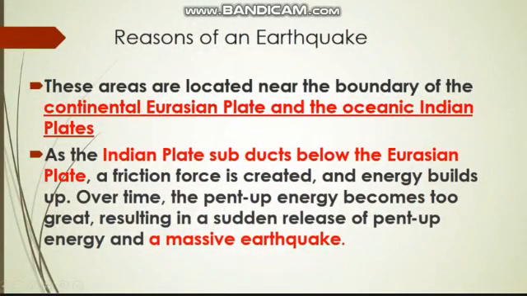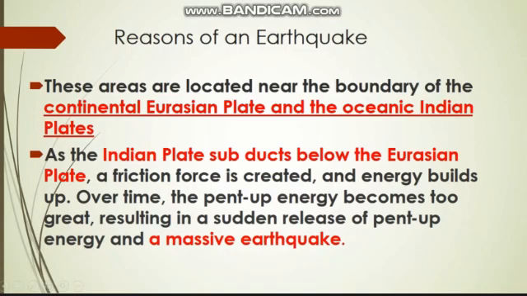Now the reasons for the earthquake. Why did the earthquake happen? The first reason is that we are lying on fault lines. We have the continental Eurasian plate and the oceanic Indian plate, and both of these plates join together where Pakistan is lying. That is why earthquakes are a common sight for us. And what happens at that time? The Indian plate subducts.